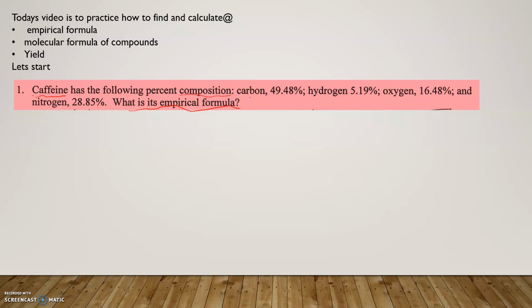This compound is made from carbon, hydrogen, oxygen, and nitrogen. Before, we said that when you're given percentage composition, just simply turn it into grams.